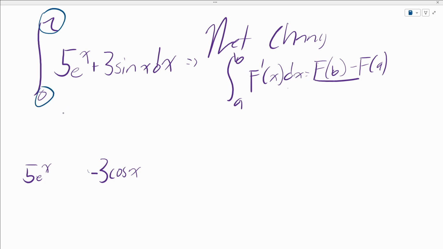So if we have f of pi, we'll have 5e to the pi minus 3 cosine pi. And then, again, just following the net change, we'll have minus, in parentheses, 5e to the 0 minus 3 cosine 0.